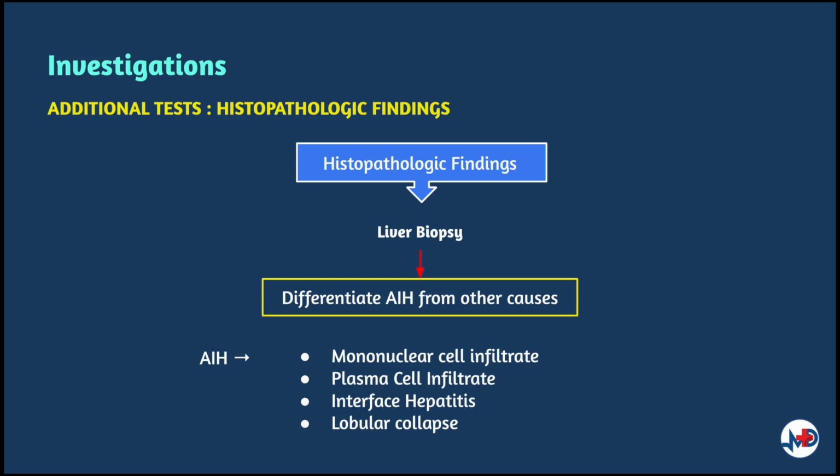Here, as mentioned, there is a portal mononuclear cell infiltrate that invades the limiting plate surrounding the portal triad. There also might be plasma cell infiltrate, interface hepatitis, also known as piecemeal necrosis, and lobular collapse, which is best identified by reticulin staining.